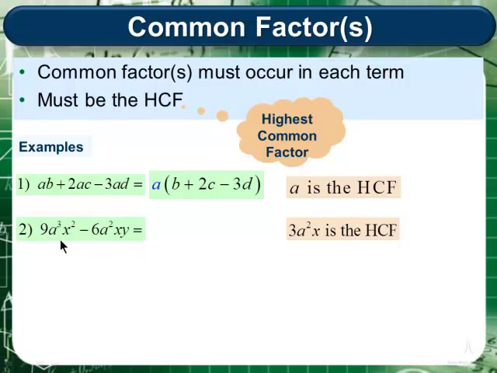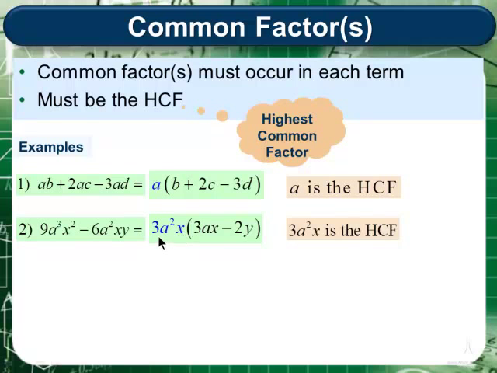It's built into the 9a to the power 3 x squared, and it's also part of the second term, 6a squared xy. And if you remove that highest common factor from this expression by taking it as a common factor, then we may write this expression consisting of 2 terms as the product of 2 factors where one of them is the highest common factor, 3a squared x.